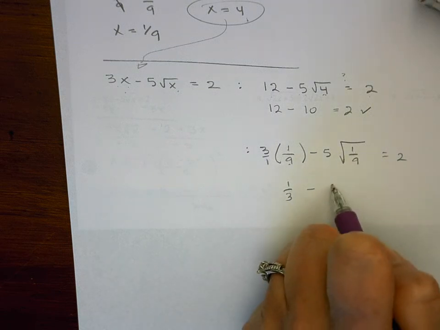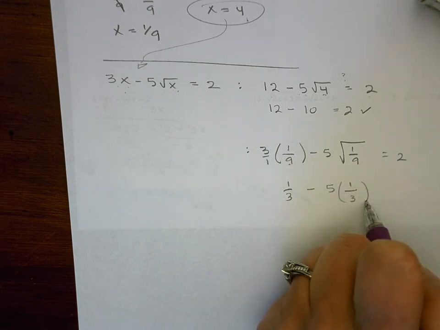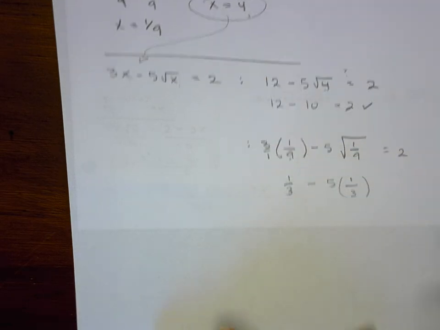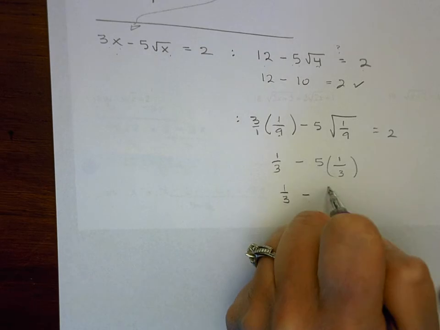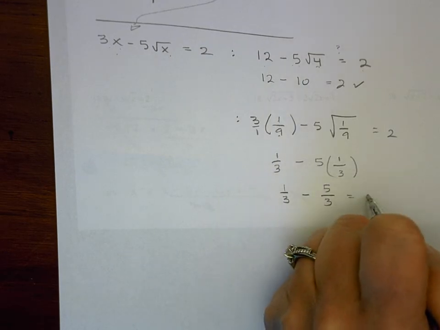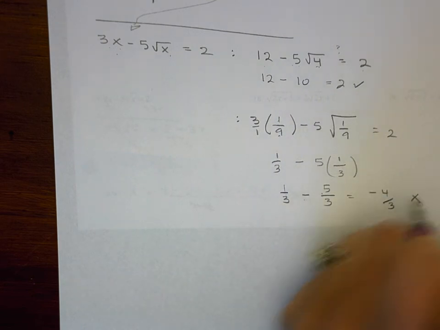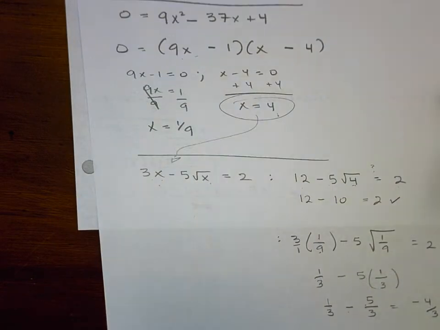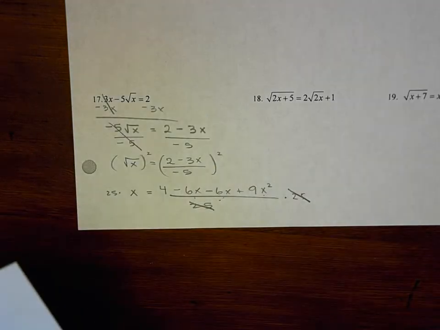Because the square root of 1 is 1, the square root of 9 is 3. And I want to know, does that equal positive 2? So this is 1/3 minus 5/3, which is 1 minus 5 is -4 over 3, which is definitely not 2. So then 1 over 9 is my extraneous. Okay? All right, and that's it.